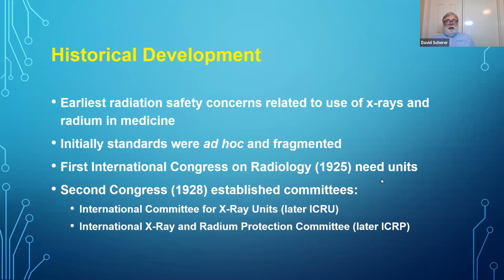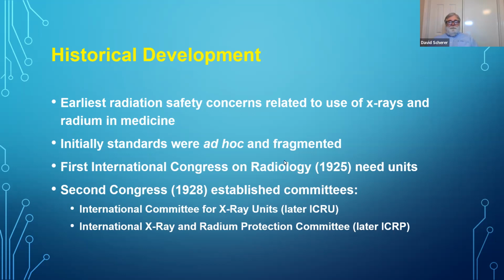And during that meeting, they recognized the need to have some unit for measuring radiation. At the time, people would talk about, oh, we need to limit the radiation exposure to 1% of the erythema dose. But how do you measure that? You'd have to burn somebody's skin to know what a 100th of that would be.